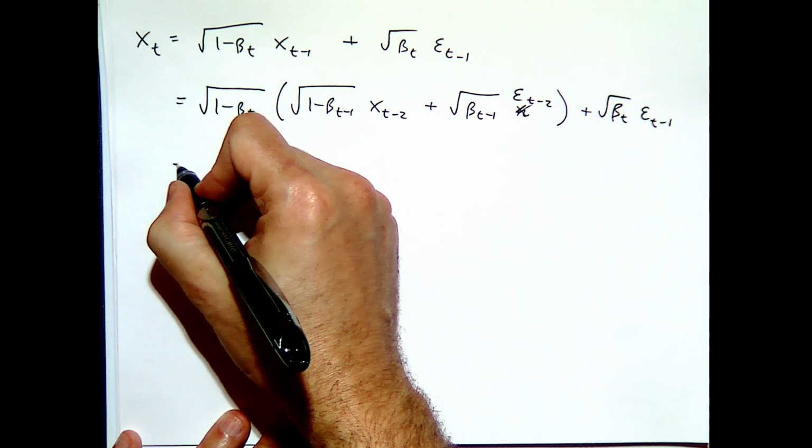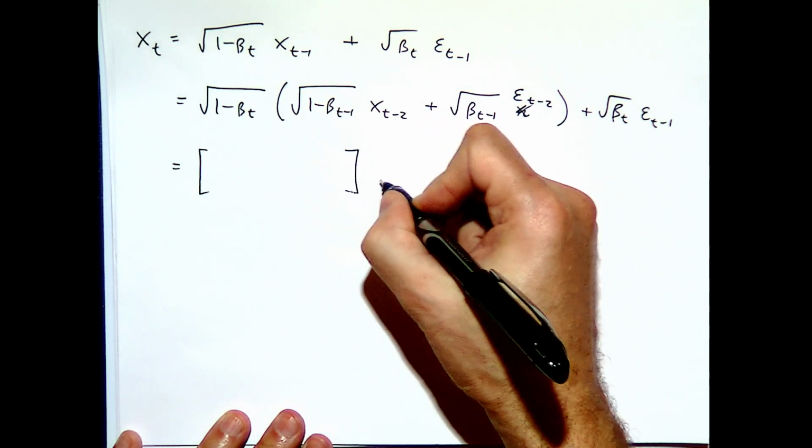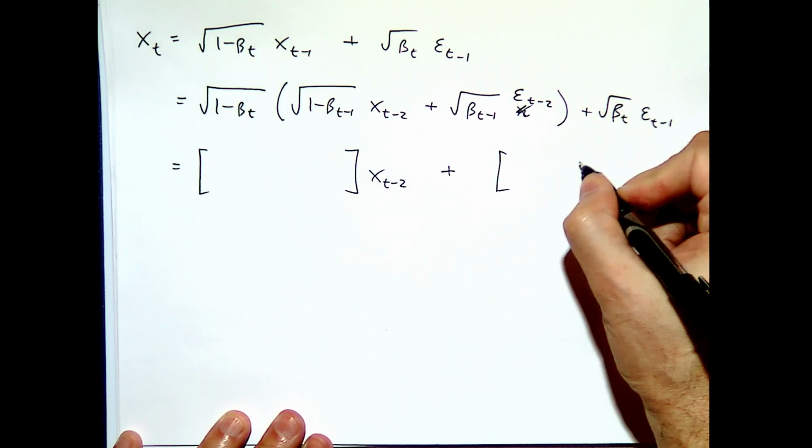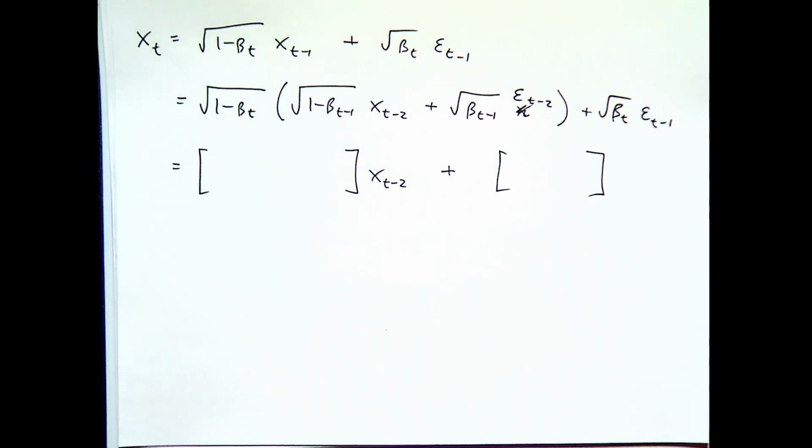And I regroup things. I could say there's this part here that depends on x of t minus 2, and there's a part here that is just noise, right?